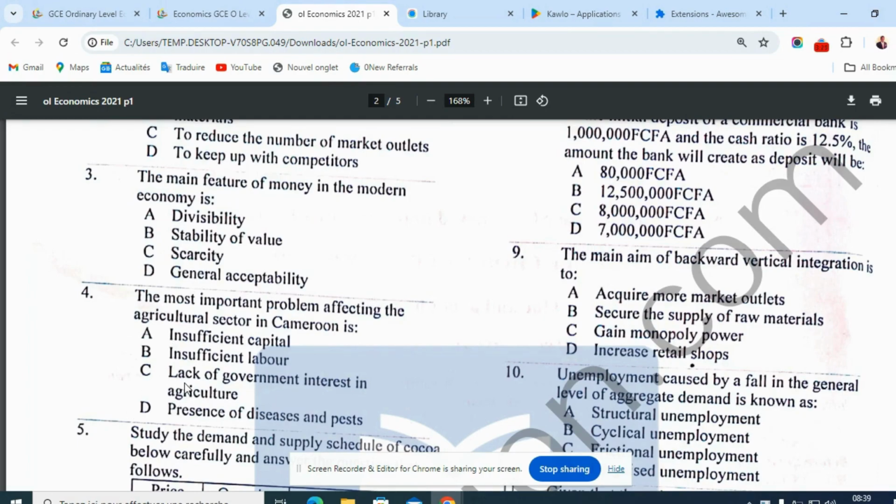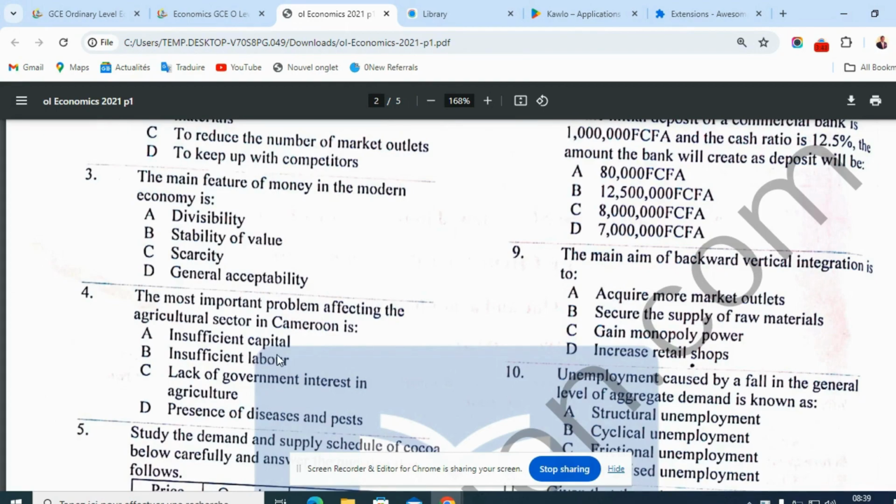It helps you to retain more. So the answer here actually is insufficient capital. So there is not enough capital in the agricultural sector. That is what is really affecting the agricultural sector in Cameroon. So there is insufficient capital.